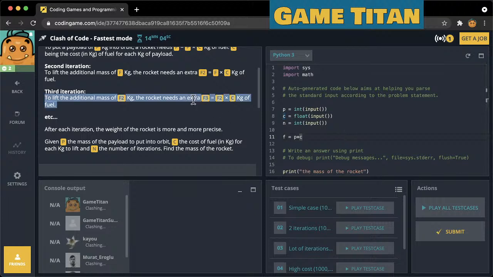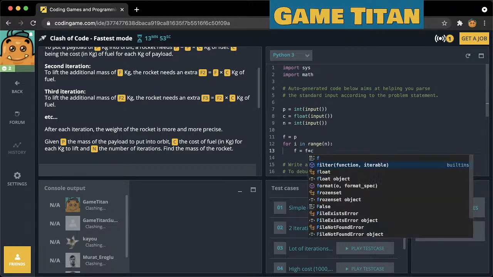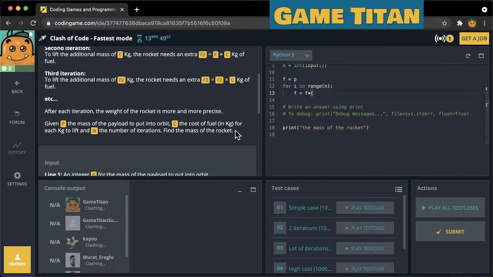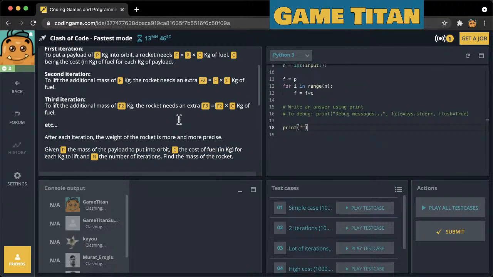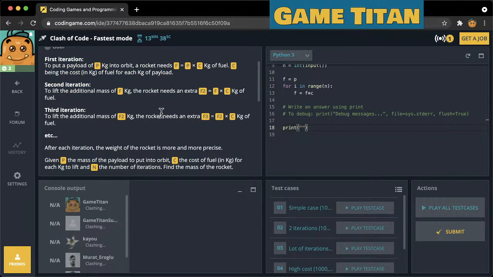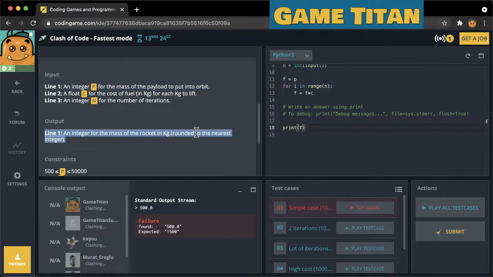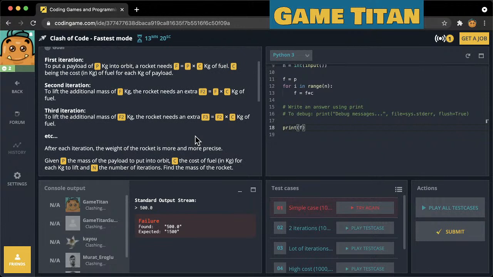F times C. So the first iteration is also... Not sure I'm understanding this question.